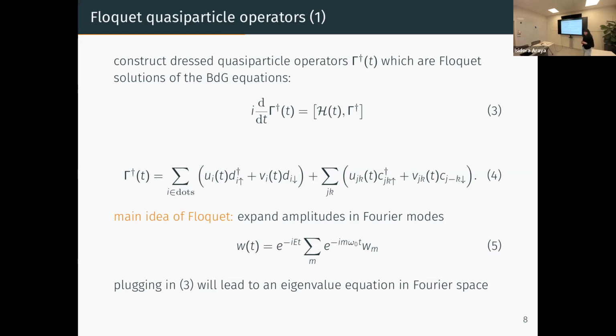And this quasi-particle operator describes the electron-hole amplitudes on the dots and the electron-hole amplitudes in the superconductors. And the main idea is you Fourier expand all of these amplitudes, and you plug it into your Bogoliubov equation.